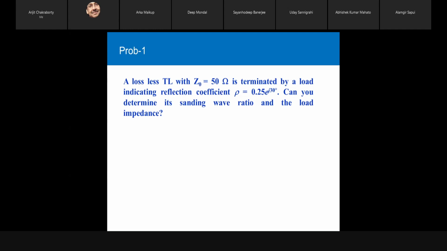What do you mean by lossless transmission line? Sir, there will be no reflection coefficient. Does it mean that, the definition of a lossless transmission line is R and G equal to 0 and Z naught is equal to root over L by C. Right.